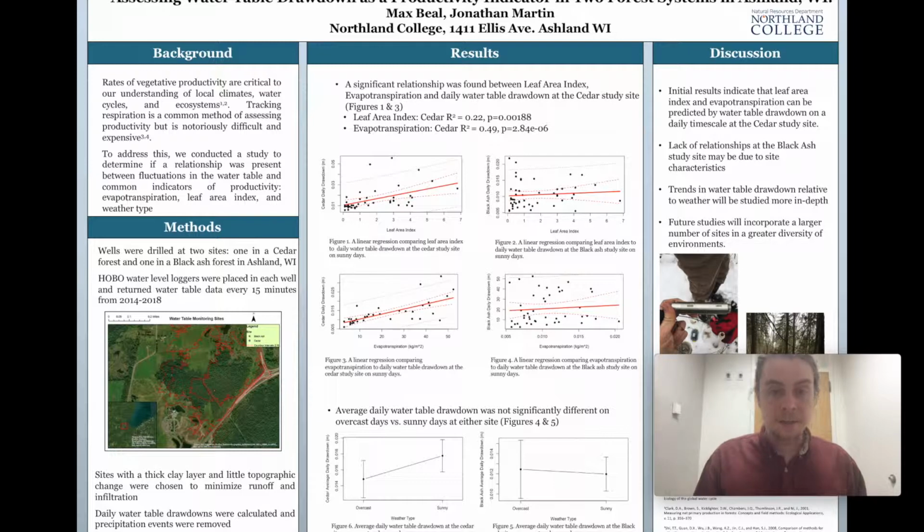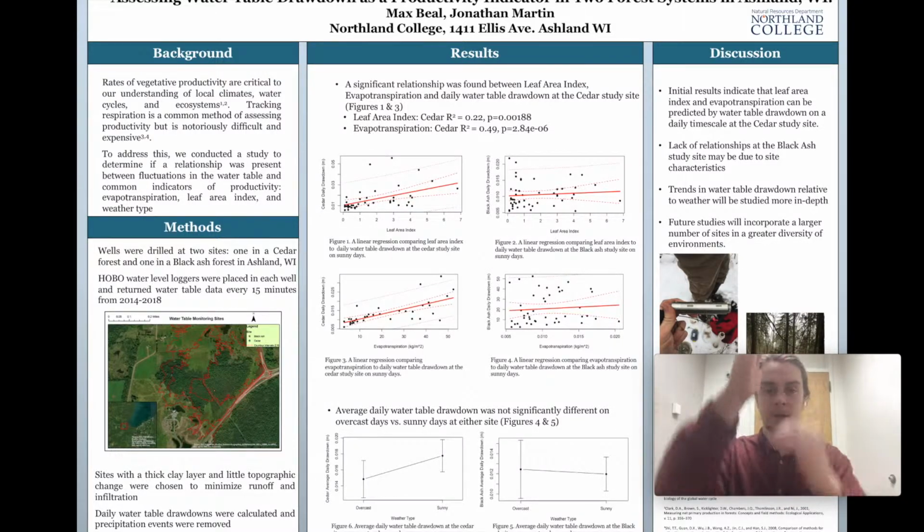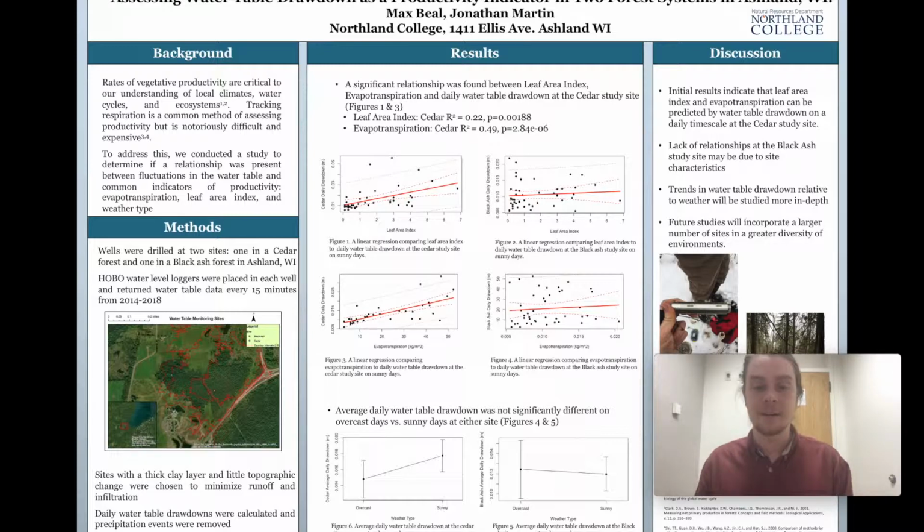And so you can see as leaf area index, measured in meters of foliage per meter squared of the ground, increases, we can also see a greater increase in the daily drawdown, and that's measured in meters. And similarly for the evapotranspiration, we can see as that increases, and that's measured in kilograms per meter squared of ground, we also see drawdown increasing as evapotranspiration increases. And we do not see this at the black ash study site, and I'll get into why we think that might be in a moment.